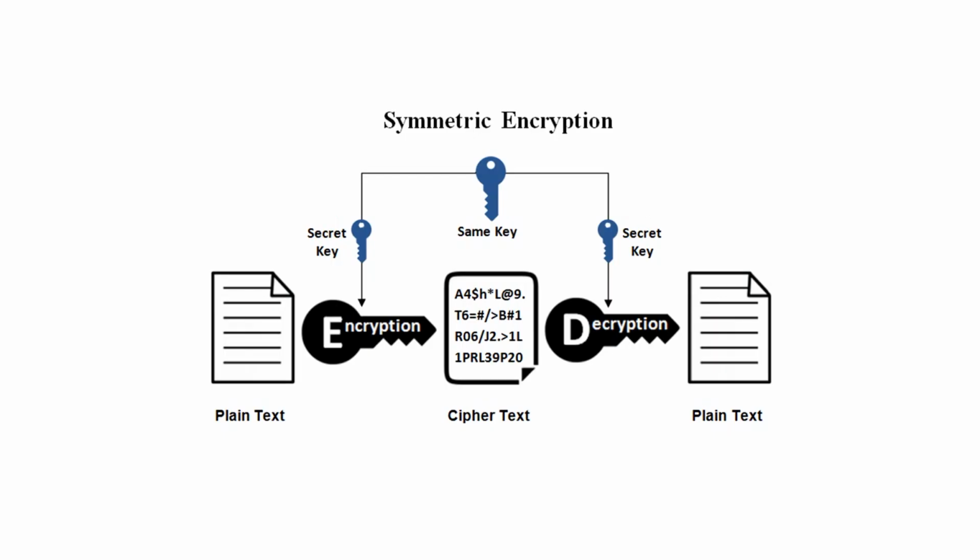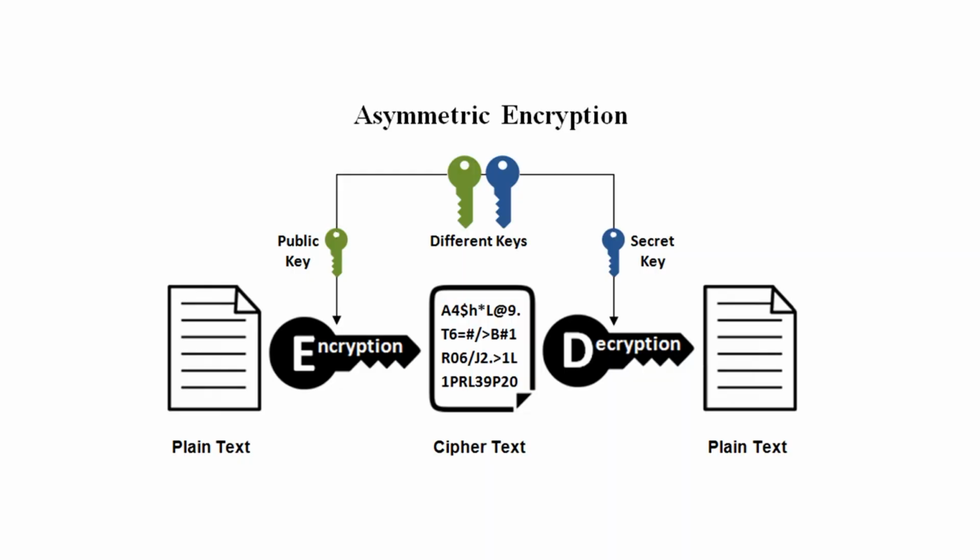Both the sender and the recipient have identical copies of the key, which they keep secret and don't share with anyone. This differs from asymmetric encryption, which uses two keys: a public key that anyone can access to encrypt information, and a private key which is kept secret with the recipient to decrypt information.